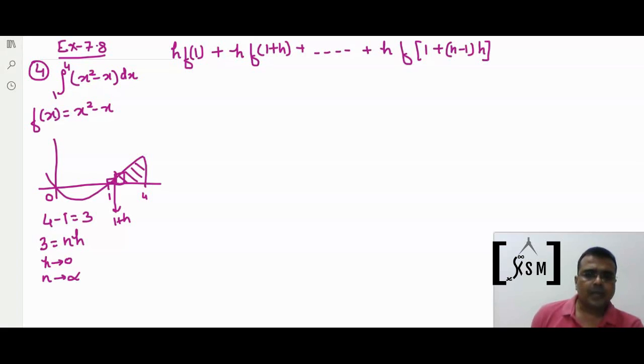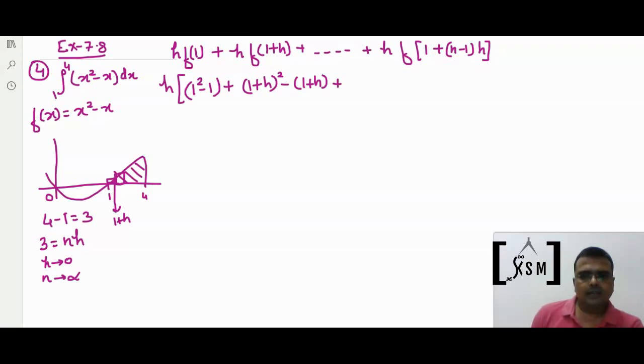Now in each of the terms we have h common, so we will take h out. What is my f(1) value? I will write 1 square minus 1; we will not write 0. f(1 plus h) would be (1 plus h) whole square minus (1 plus h).